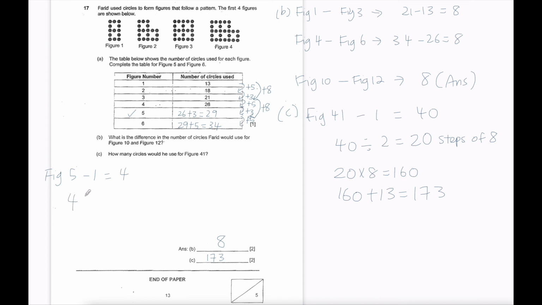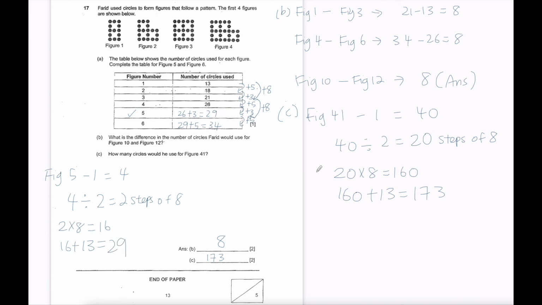So 4, I need to find out how many steps of 8 I move. So I divide by 2. I'm getting 2 steps of 8. Okay, so 2 steps of 8 means 2 times 8, which is 16. And from 16, we need to add the first figure back. Because the first figure is 13 circles, we need to add it back. We are getting 29. So you see, figure 5 is 29. And there we have it.